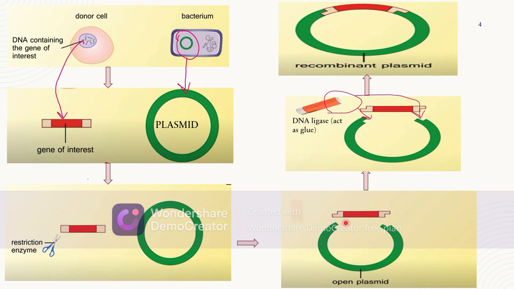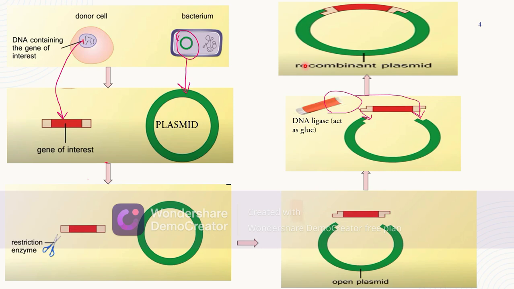Once the plasmid and the gene which we want to manipulate are cut, they will be joined with the help of DNA ligase, and at the end we get a new recombinant plasmid, and then this new recombinant plasmid is added into the bacteriophage or a yeast cell.